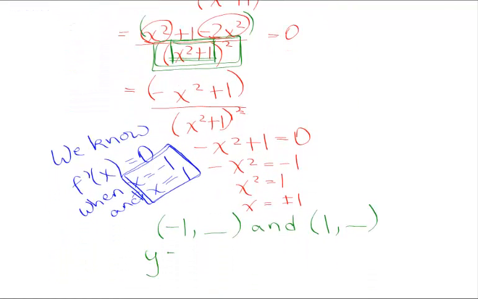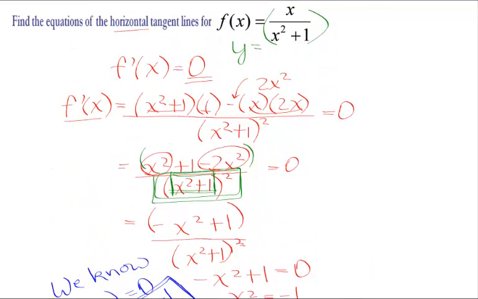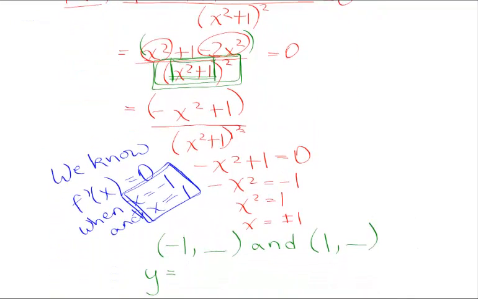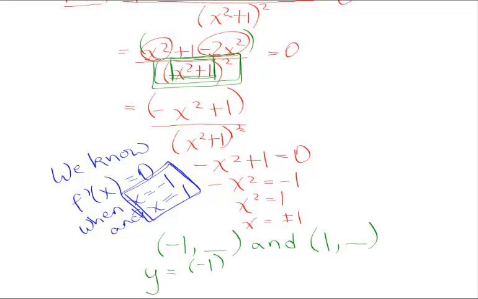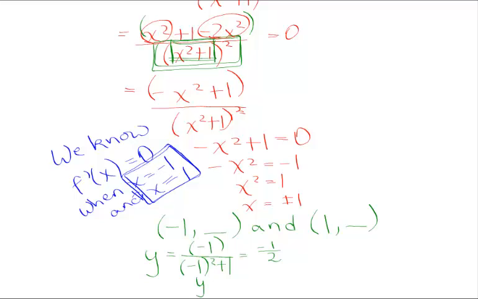So y is going to equal x over x squared plus 1, -1 over -1 squared plus 1. That is going to equal -1 over 2. So one tangent line has the equation y equals -1/2. There's one answer.